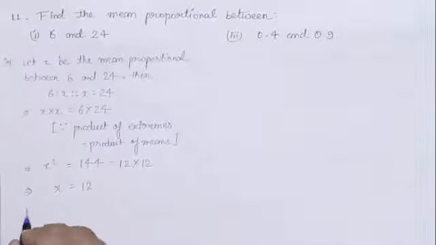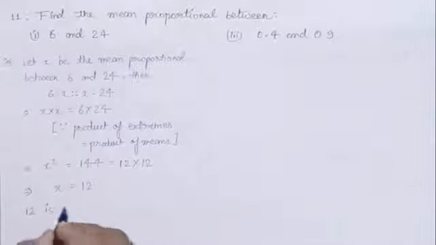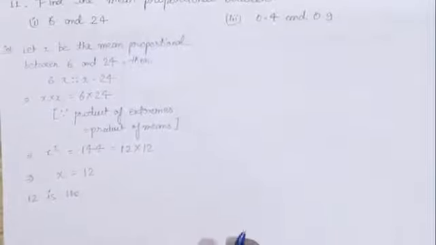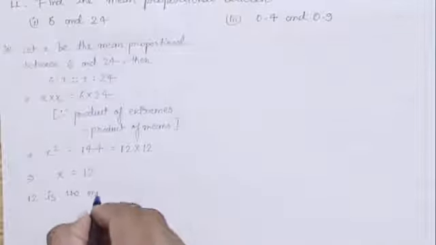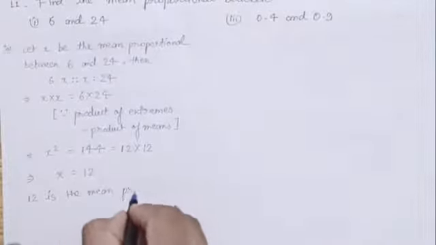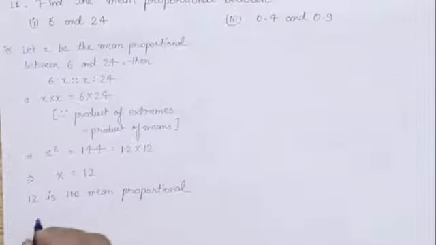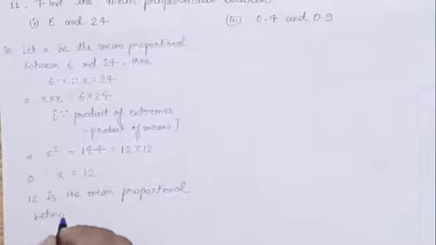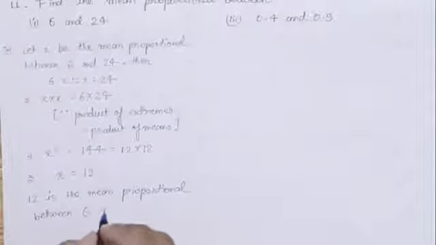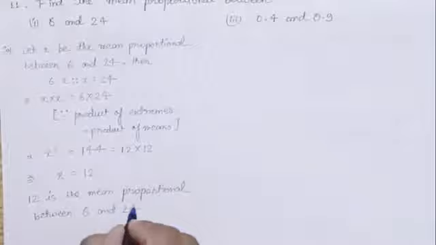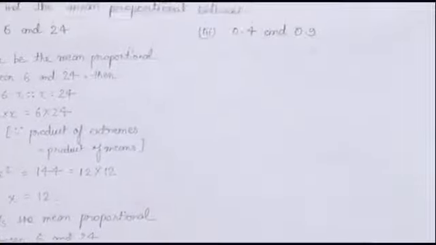Hence we can say 12 is the mean proportional between 6 and 24.